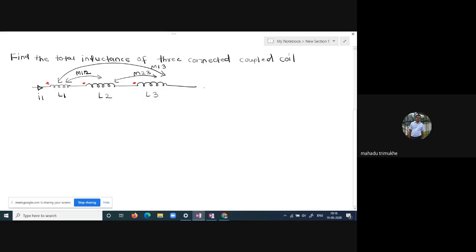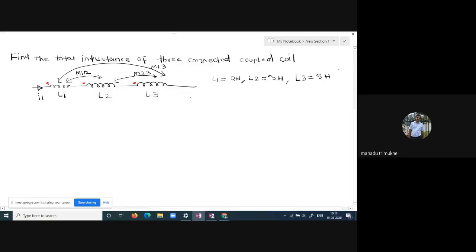L1 is given, that is 2 Henry. L2 is given, 3 Henry. L3 is given, 5 Henry.